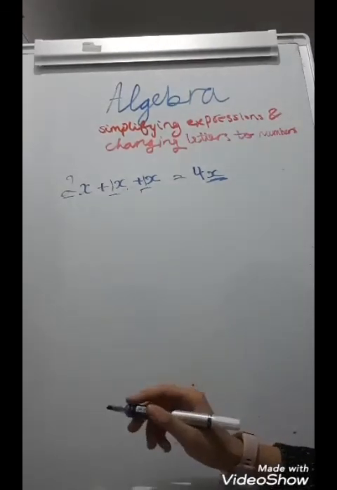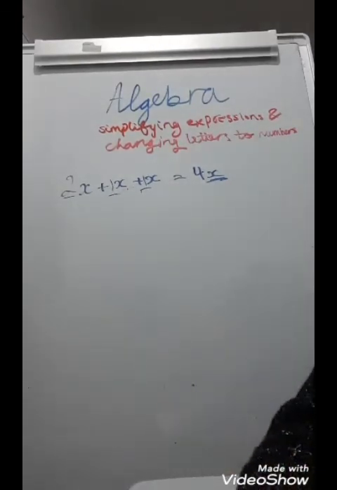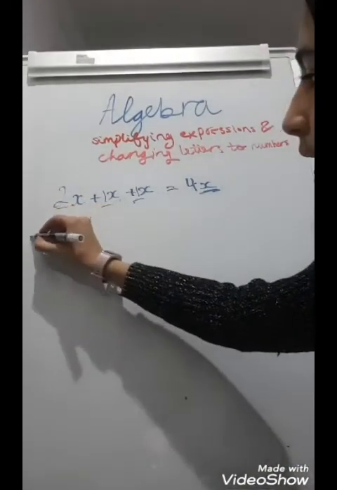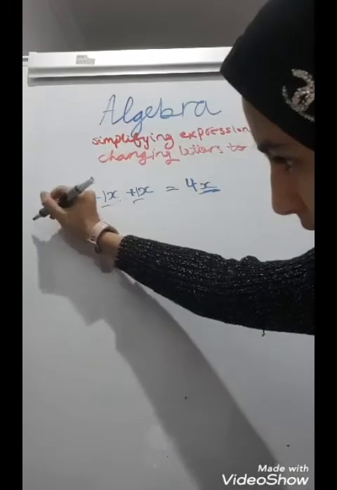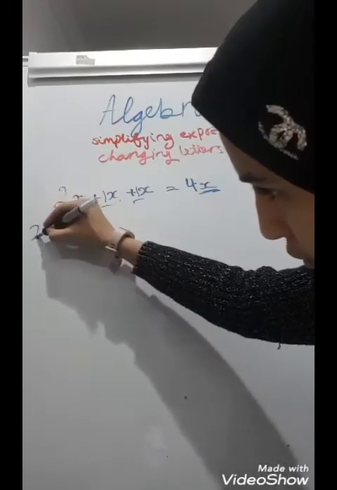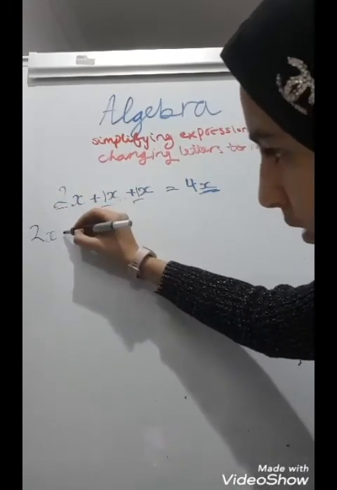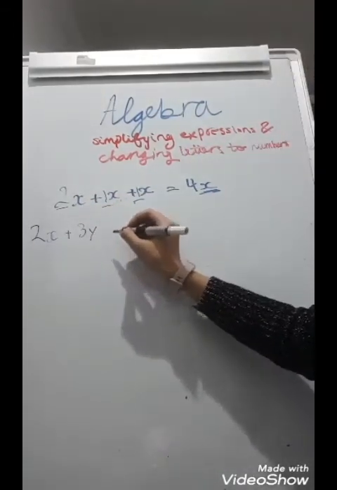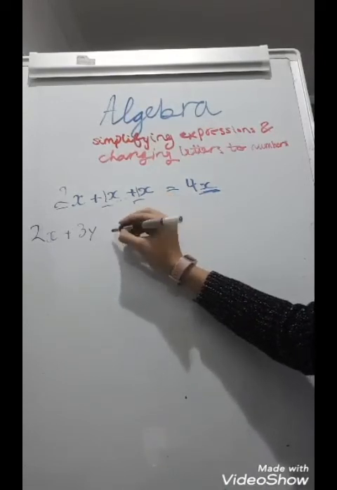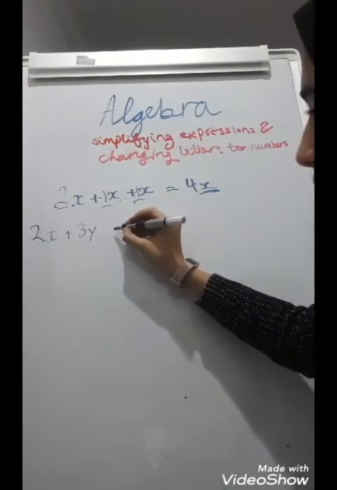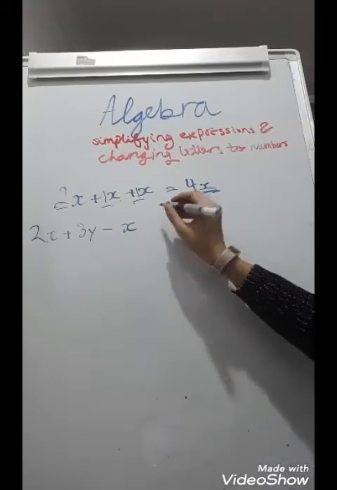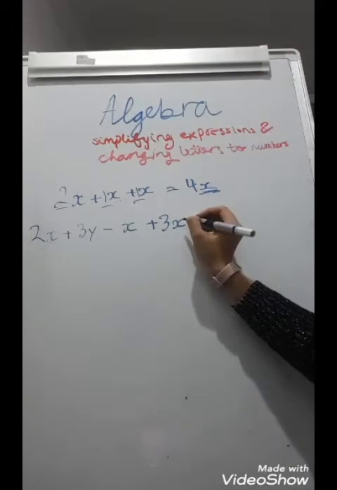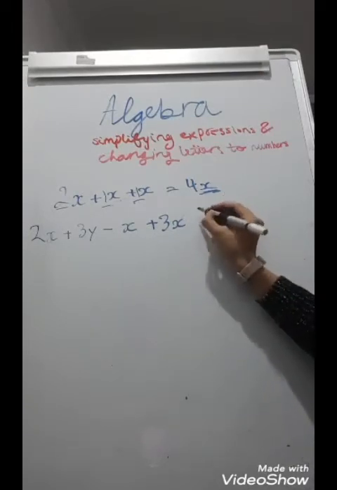Now, we've got another question which is slightly more complicated, or trickier. 2x plus 3y, sorry, minus x plus 3x plus 3y.